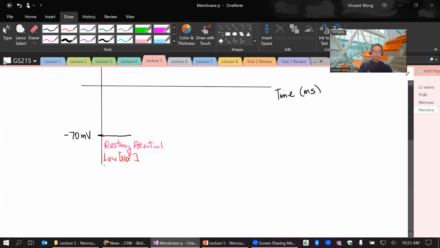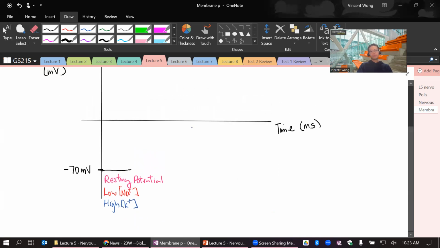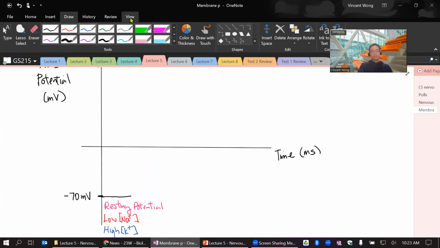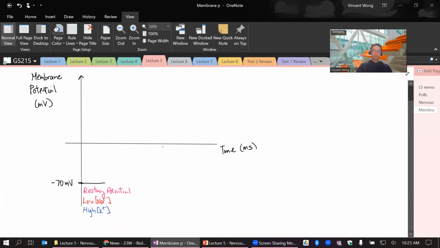And then we would have high potassium here. So that's the setup right now. Any question about any of the stuff that we talked about so far? We are doing background information number 1. If we don't have questions, we'll move on to background information number 2.